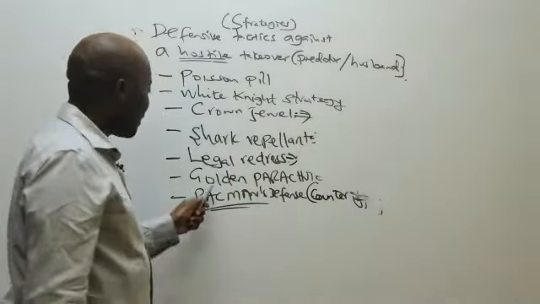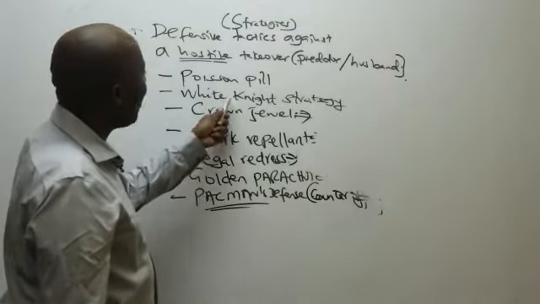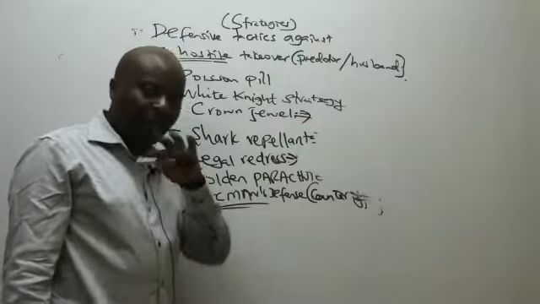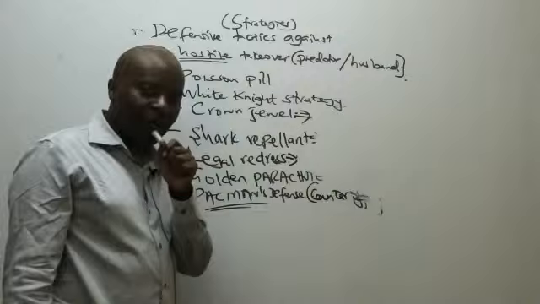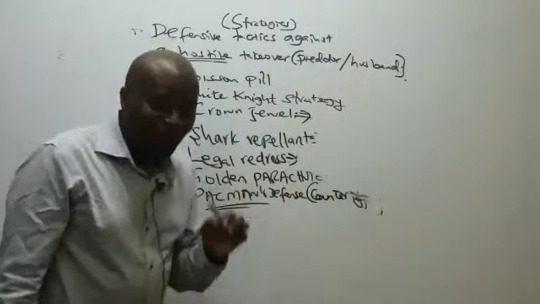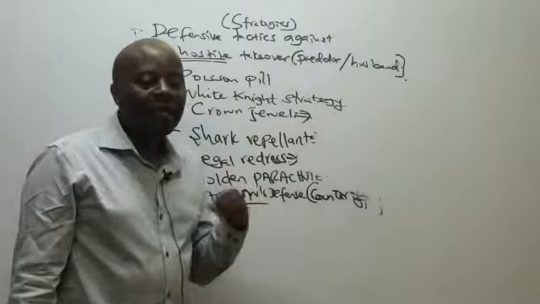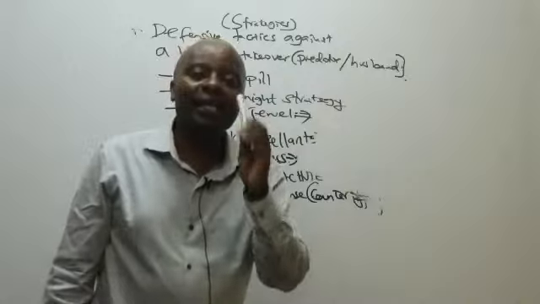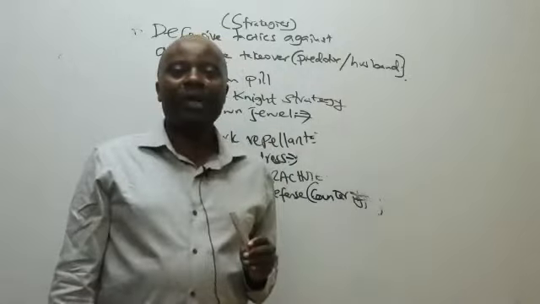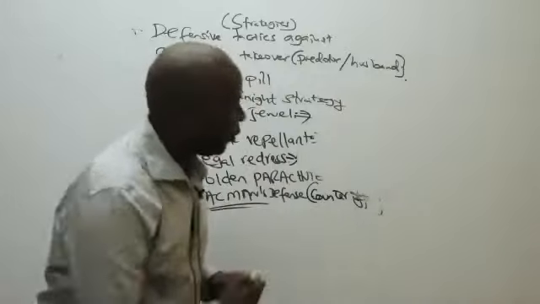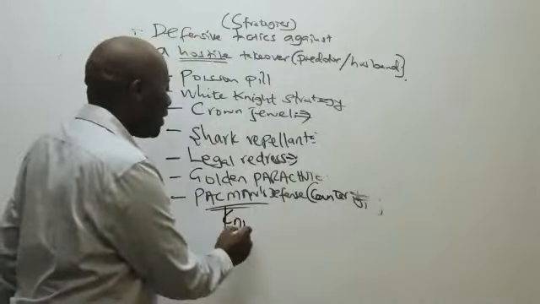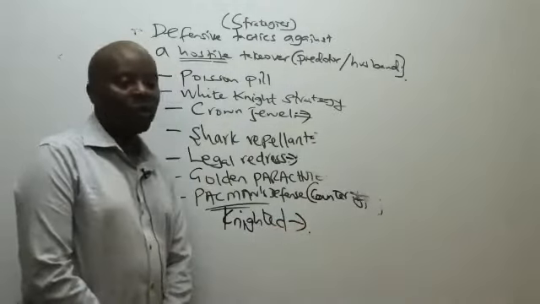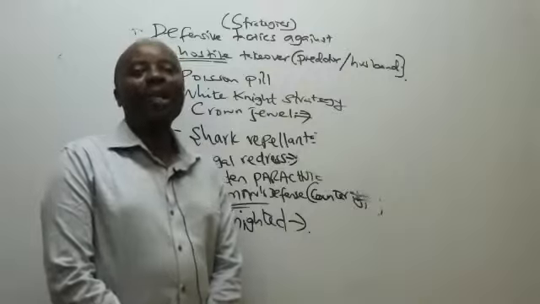Ladies and gentlemen, this is the most important one: the white knight strategy. Now, for those of you who follow football and these English things, you know that if you do something extraordinary, you'll be knighted by the queen.